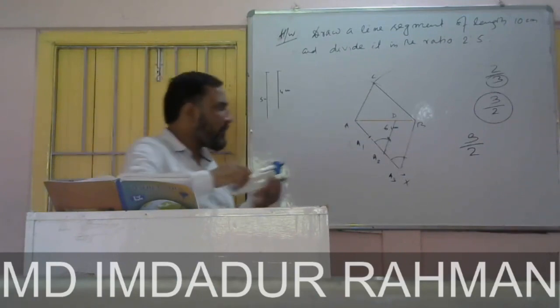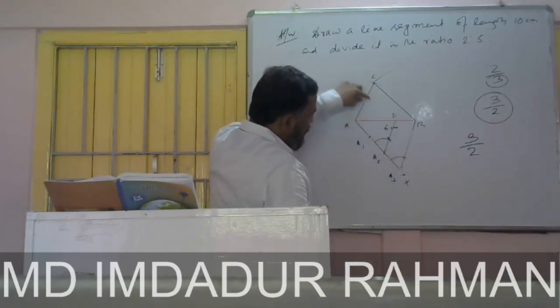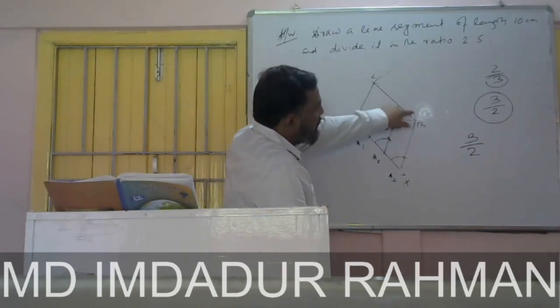Now again from this point D we will draw another line segment parallel to BC.